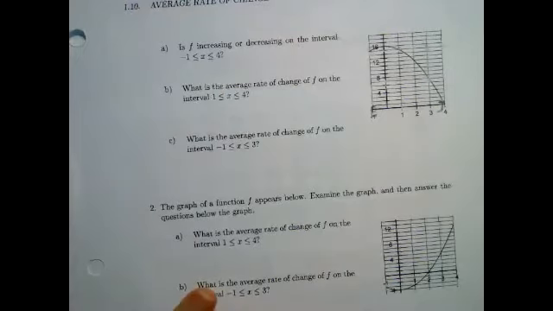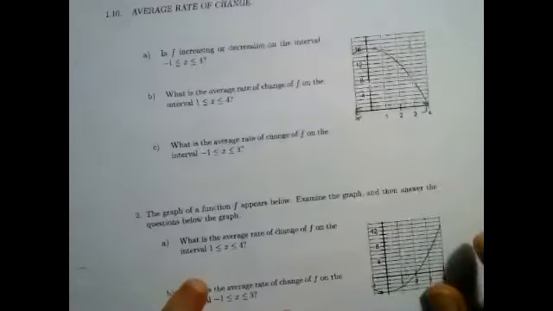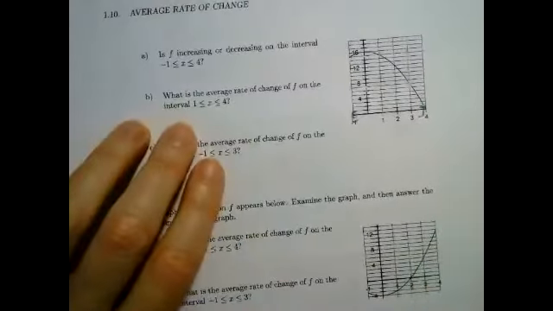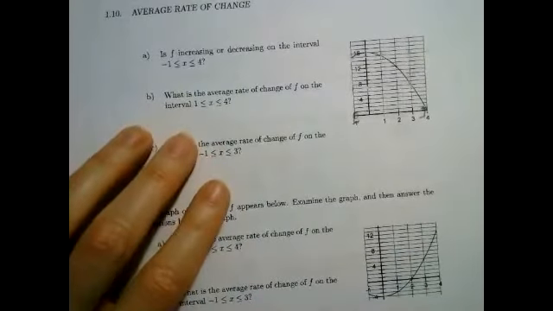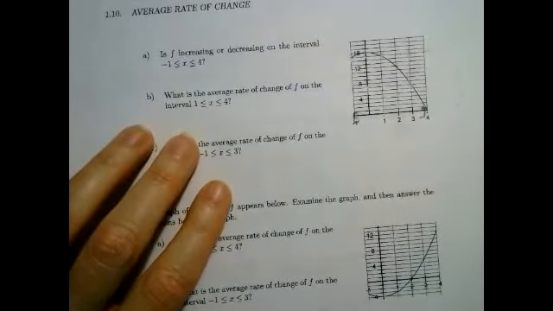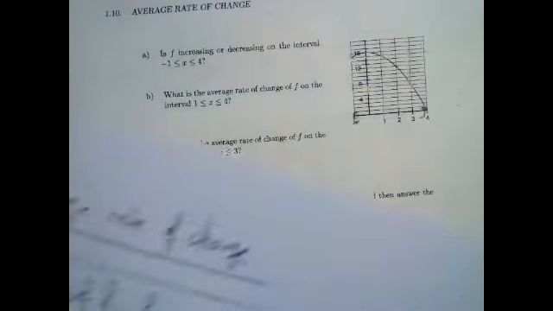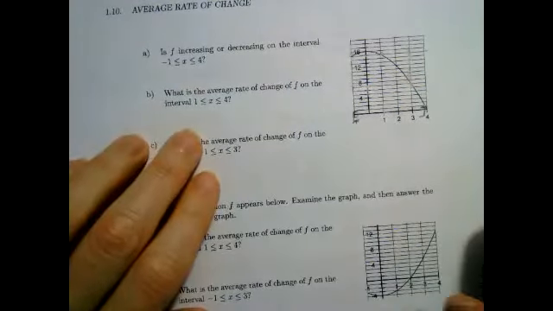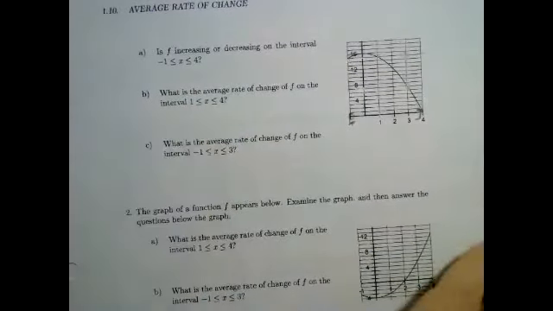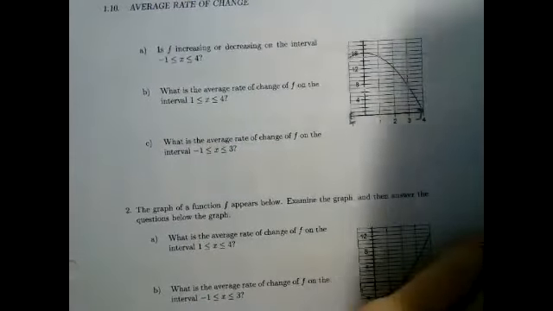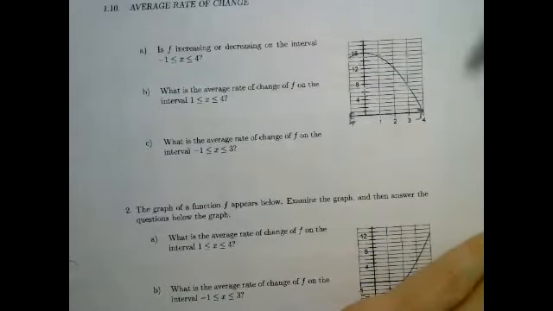What is the average rate of change of the function on the interval 1 to 4? We're going to find it and try a little bit to visualize it on the picture.